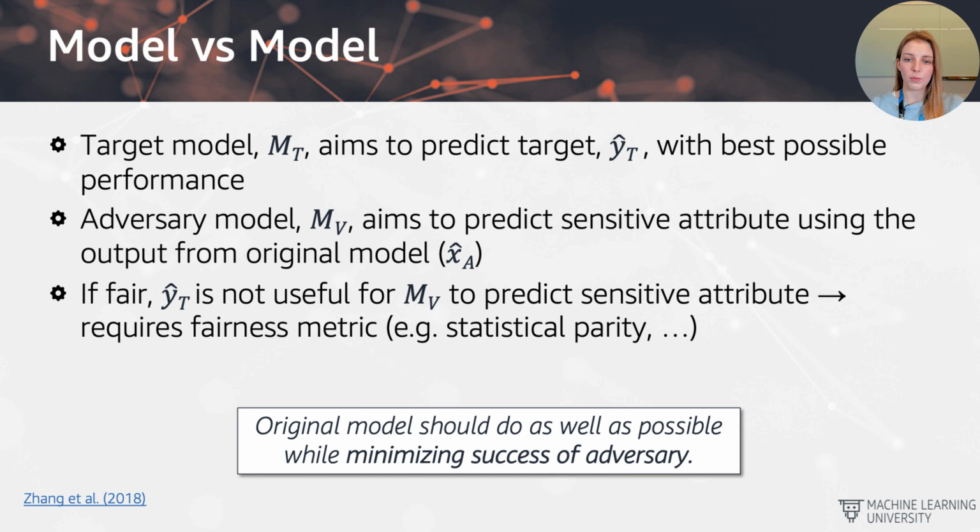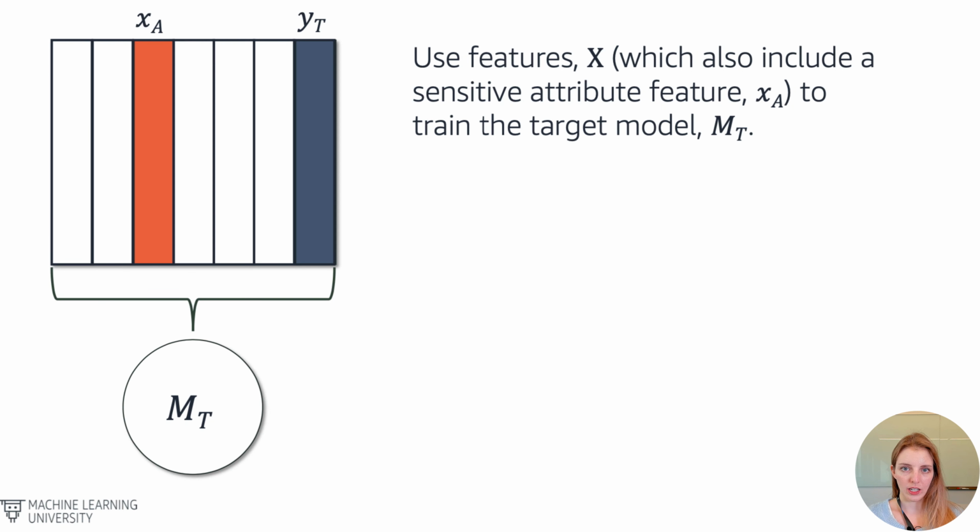So in a nutshell, we want the original model to do as well as possible, while also minimizing the success of the adversary. Let's look at all of this again in pictures. What we have here in the top left corner is a tabular dataset. One of the features, X subscript A, is denoting a sensitive attribute.